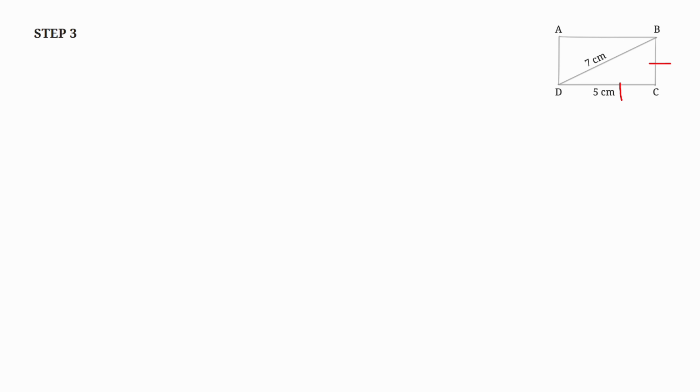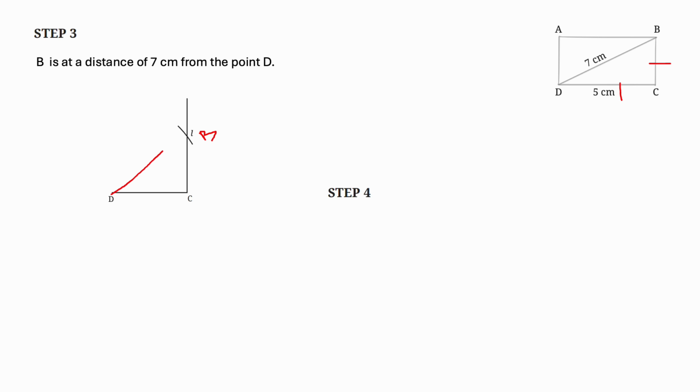Okay. Now the diagonal is 7 centimeter. So we have to mark a point B. Here we have to mark a point B, and this B is at a distance 7 centimeter from point D. From here it must be 7 centimeter.